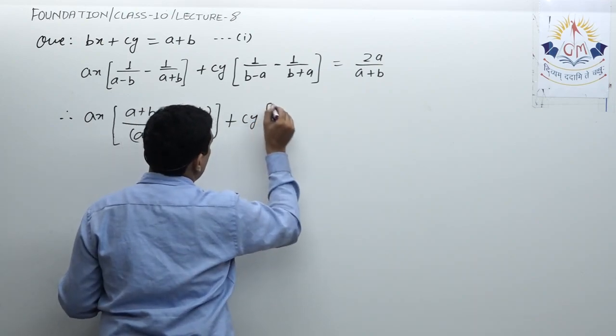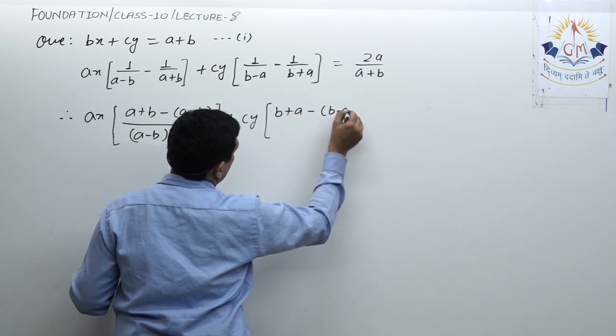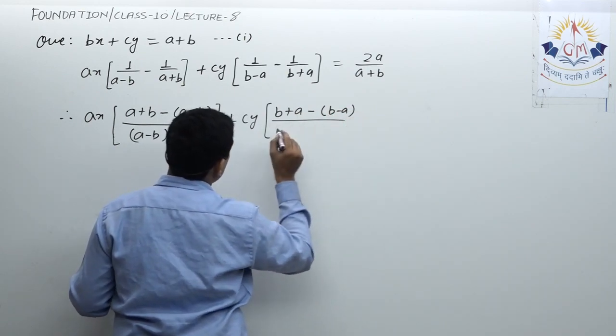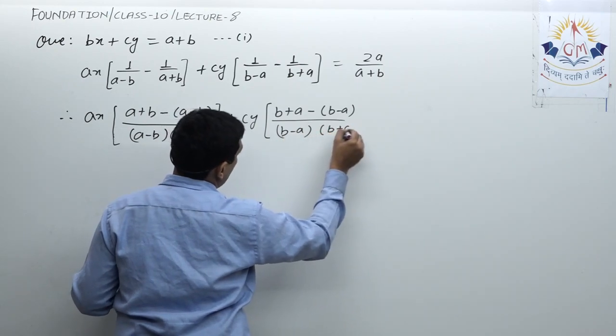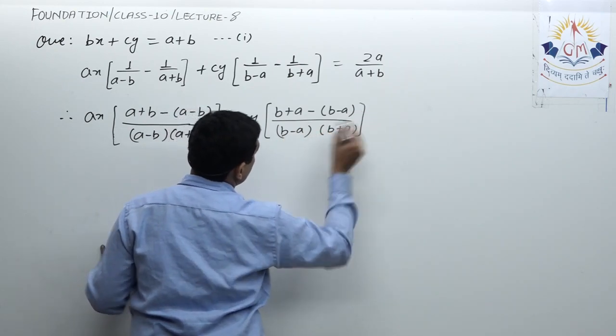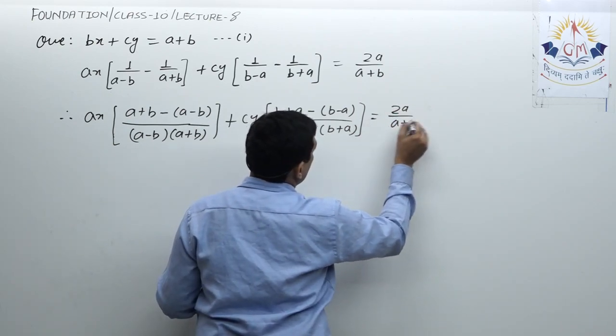So here I will get (b + a − b − a), and the denominator again (b − a) into (b + a), is equal to 2a upon (a + b).